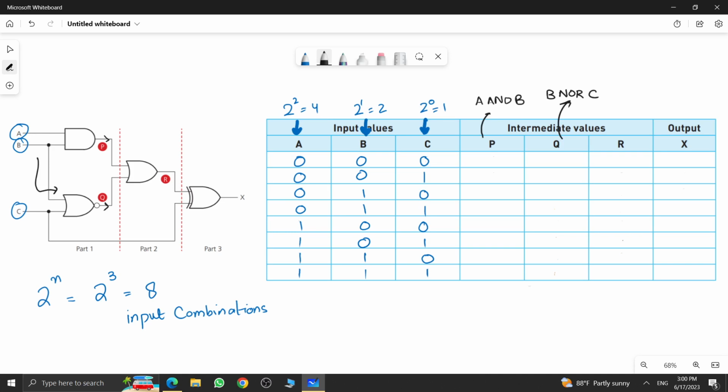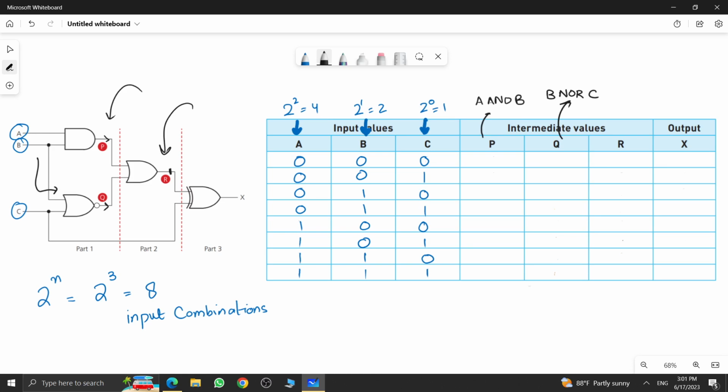Now for R, look at R. R is also an intermediate value. Intermediate values are those values between the circuits that you see after every logic gate, that is, between your inputs and the final output. So these are the intermediate values.